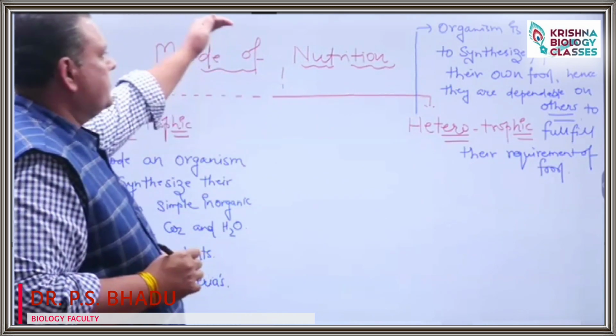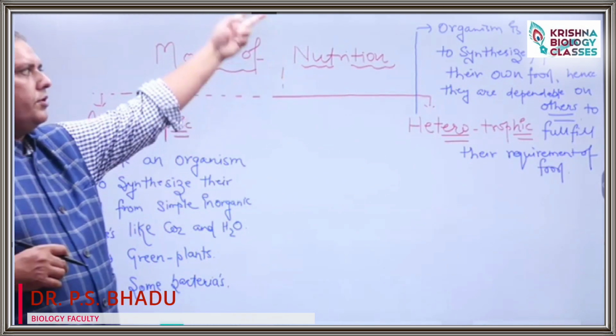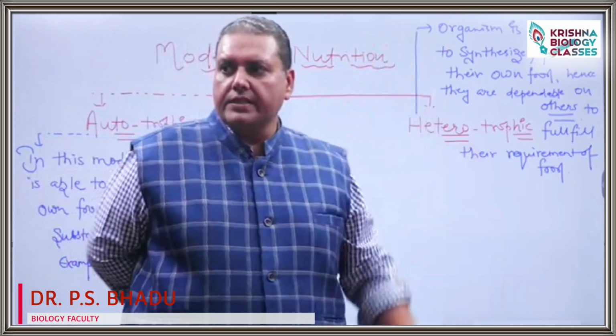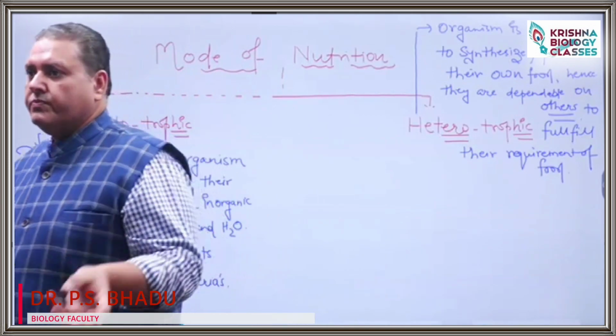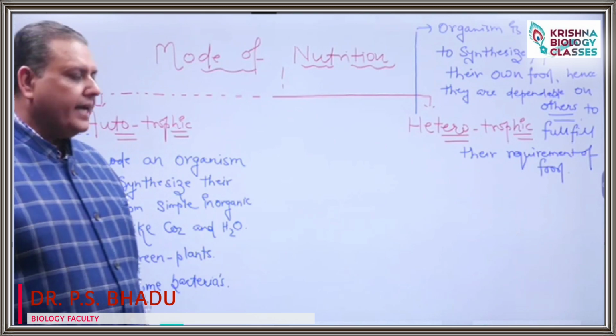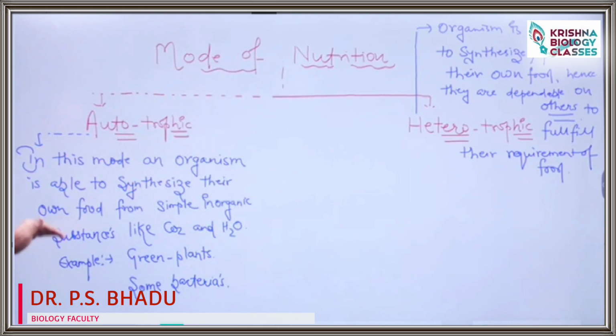So, we are discussing the mode of nutrition. If we define nutrition, we will say nutrition is the process in which an organism takes in the nutrient and utilizes it to release energy. Now, if an organism is able to synthesize their own nutrient or food, it will be considered an autotrophic organism.